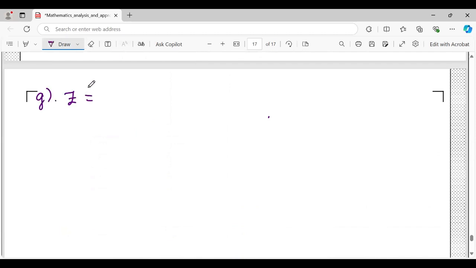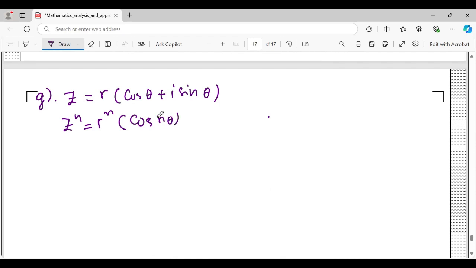Z equals R cosine theta plus I sine theta. So Z power N equals R power N times cosine N theta plus I sine N theta. Okay.